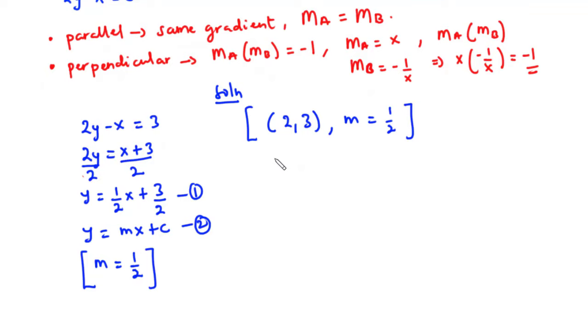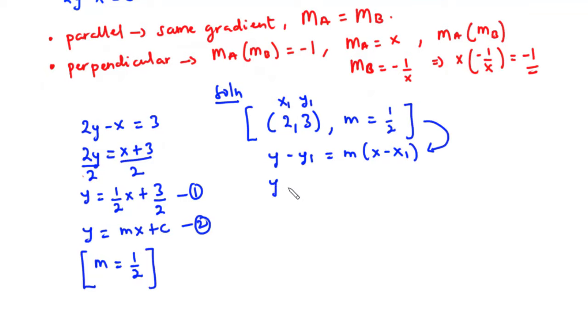So we are going to use the formula y minus y1 equals m times x minus x1. Now this is (x1, y1), and then we have the gradient m.